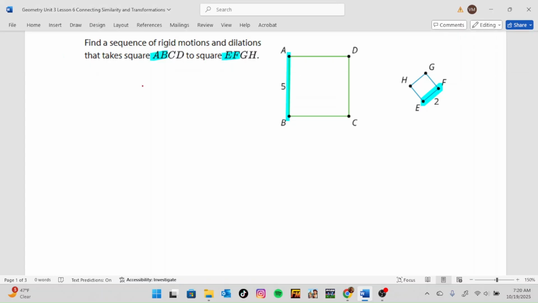So the first thing I'm going to do is I'm going to move along directed line segment AE.